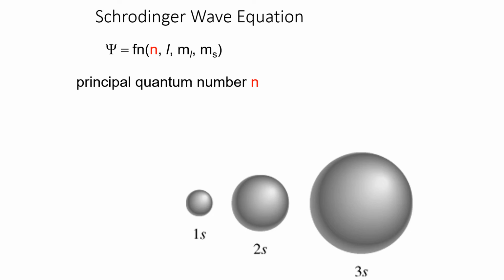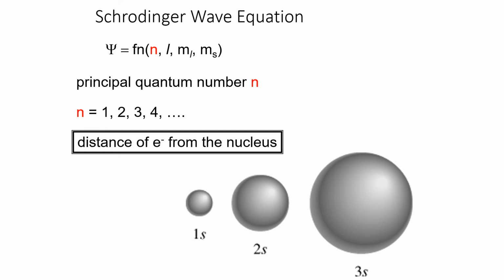This number ranges from n equals 1, in whole numbers, and they're all positive integers. What this describes is the energy of the electrons in this principal shell and the distance of those electrons from the nucleus of the atom.